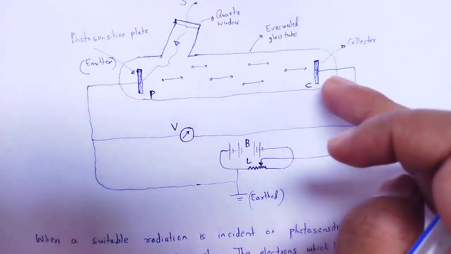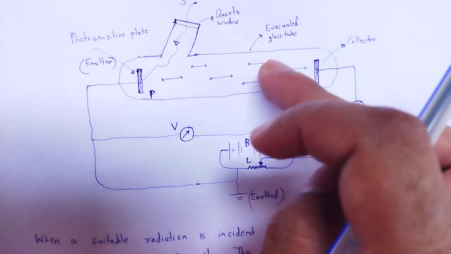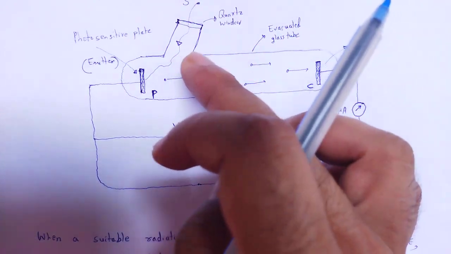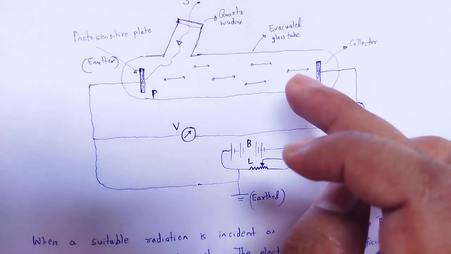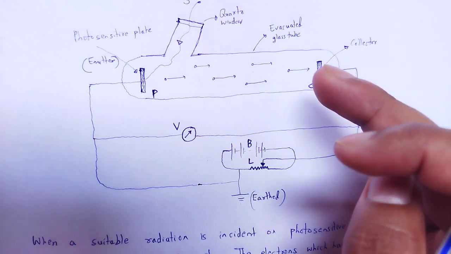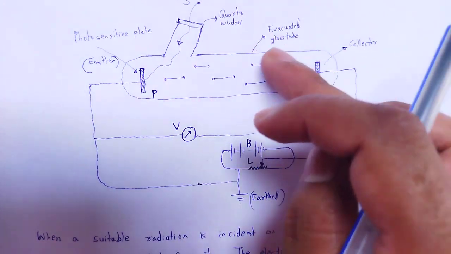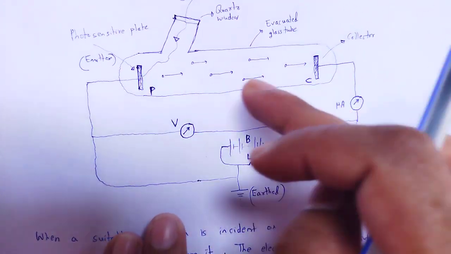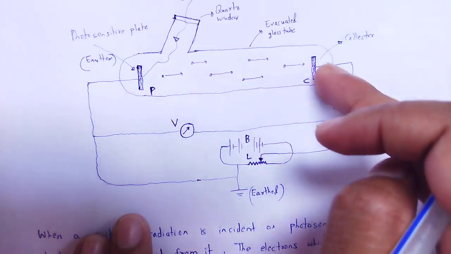In that glass tube there will be no air. If there is air, then it is at very high pressure. That glass tube is called an evacuated glass tube, consisting of 2 electrodes.